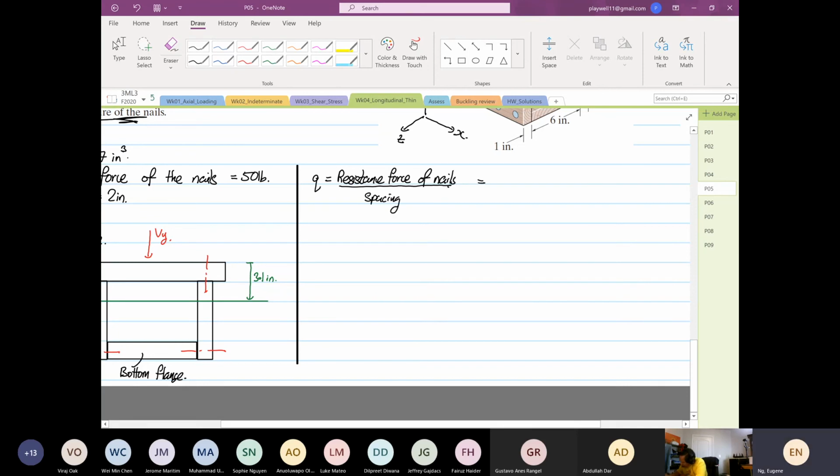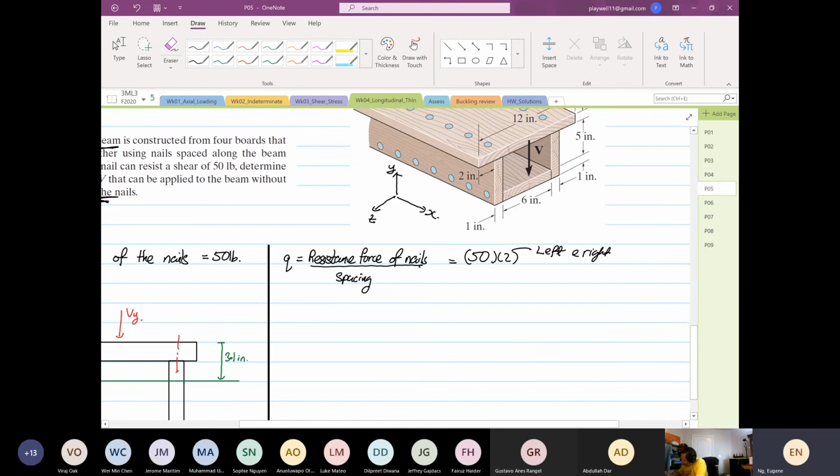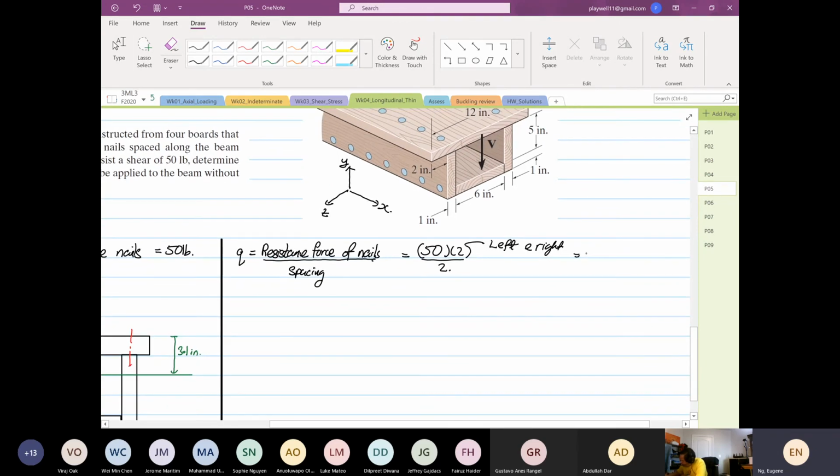So this is equal to 50 multiplied by 2. Why 2? Because you have left and right. Yes or no? You look at the top or at the bottom, you have left and right nail, and then you divide by the spacing. The spacing is equal to 2 inches. So this will be equal to 50 pounds per inch. That is straightforward, right?